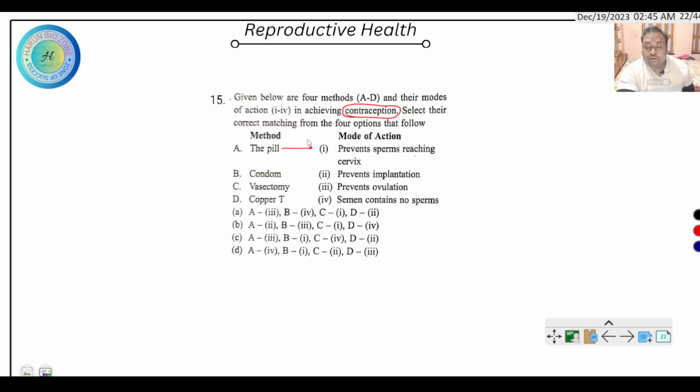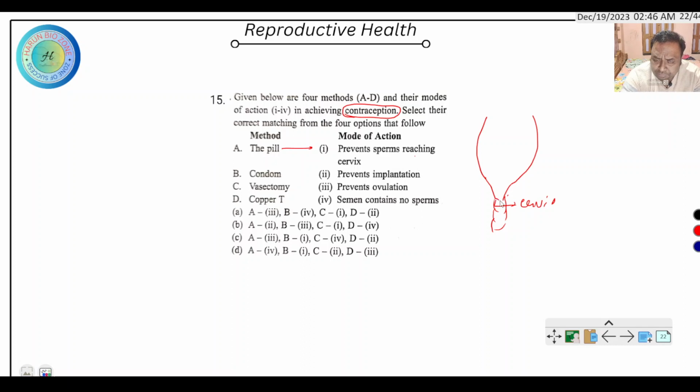the pill contains progesterone, or estrogen and progesterone both. What is the function of the pill? The main function of the pill is thickening the cervical mucus, thinning the endometrium, preventing ovulation and preventing fertilization. It prevents sperm reaching the cervix because cervical mucus is formed.